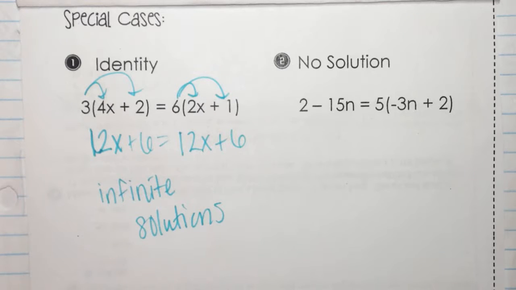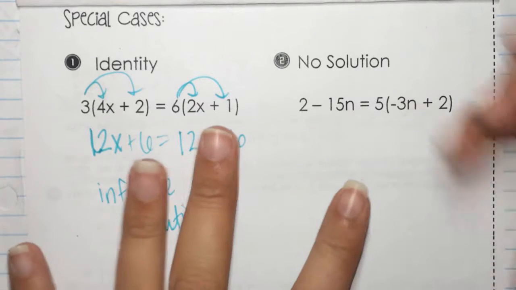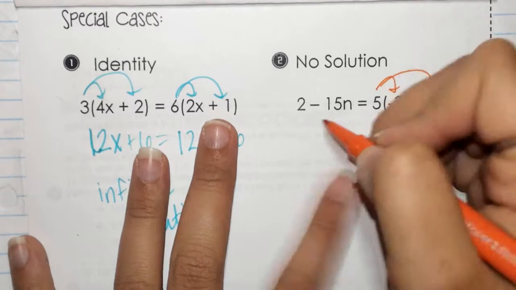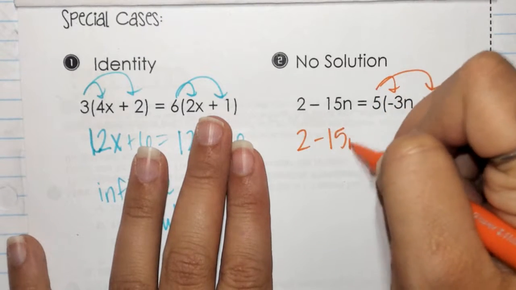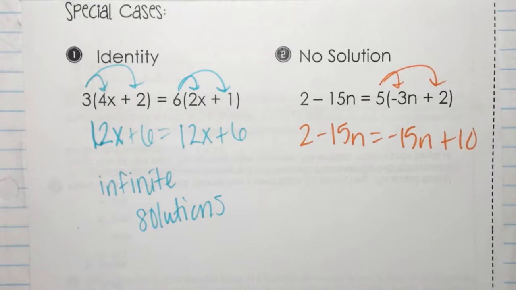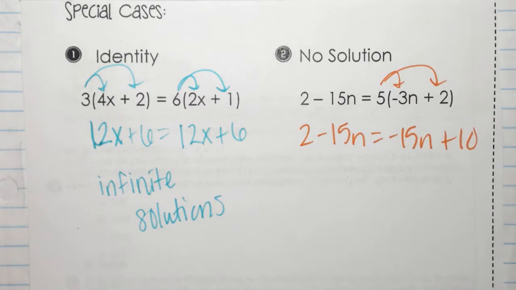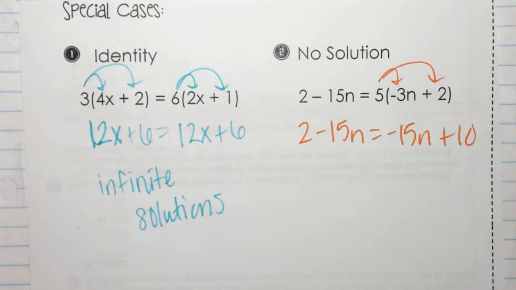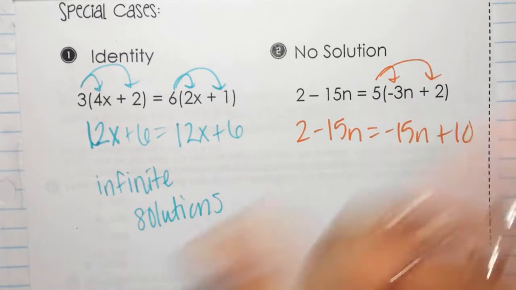Number 2. Are we ready for number 2? Okay, so on number 2, you distribute this one. And you get 2 minus 15n equals negative 15n plus 10. Now, what would I do from here? So add 15.